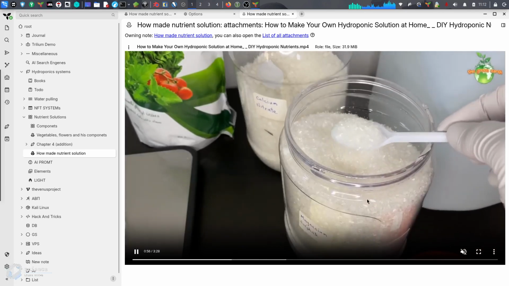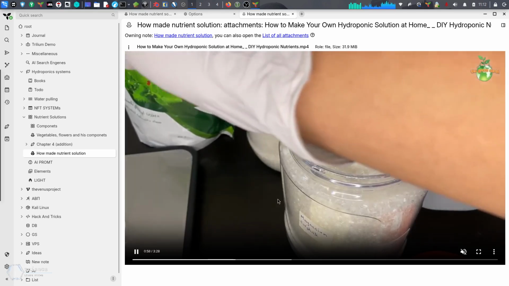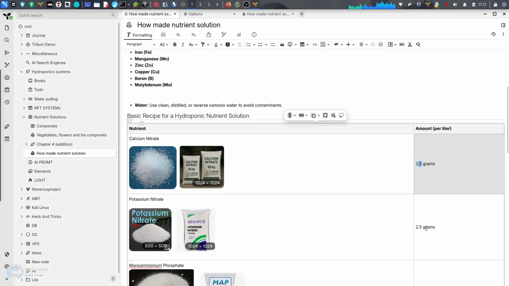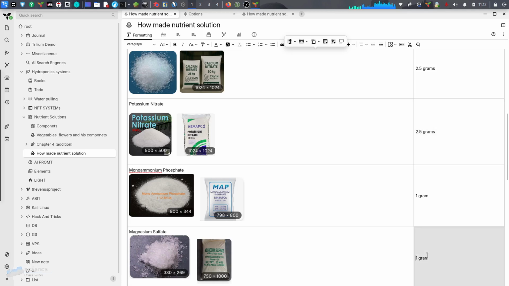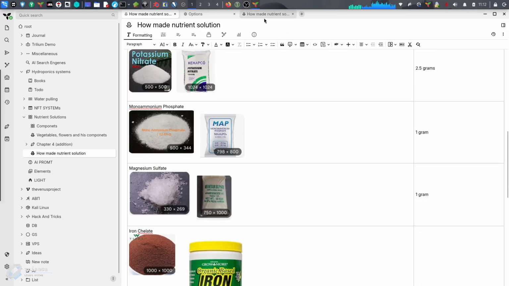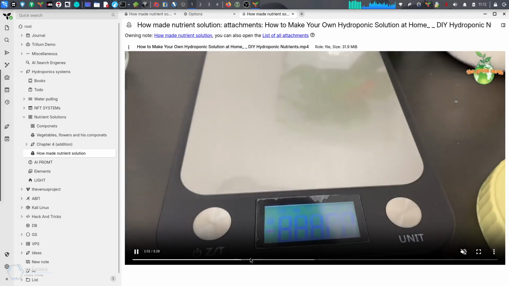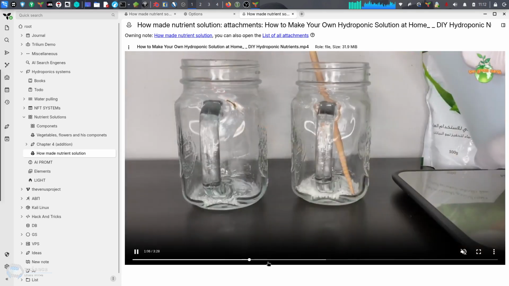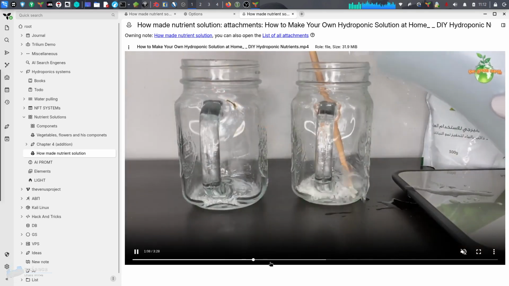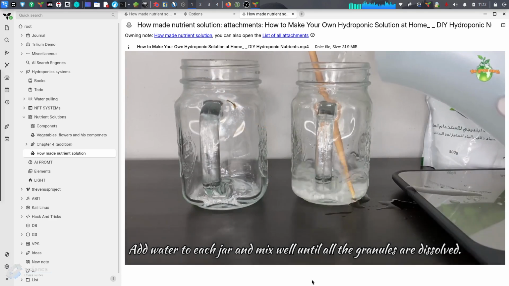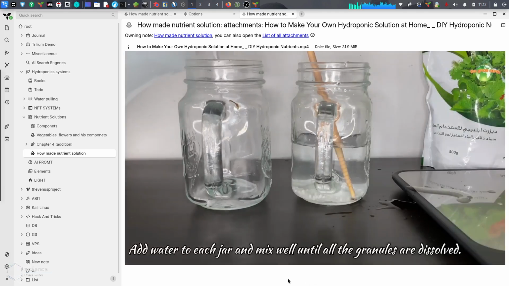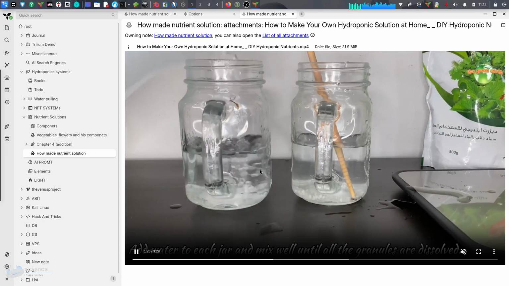How much is it? Interesting. 1 gram. Not 1 gram. And water each jar and mix well. Okay. He adds water and mixes.